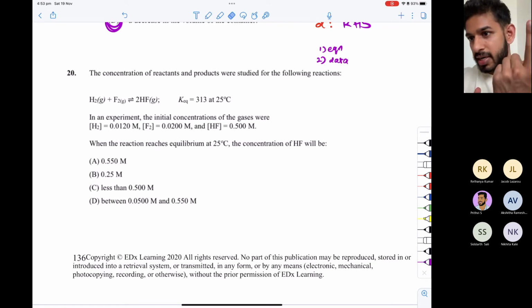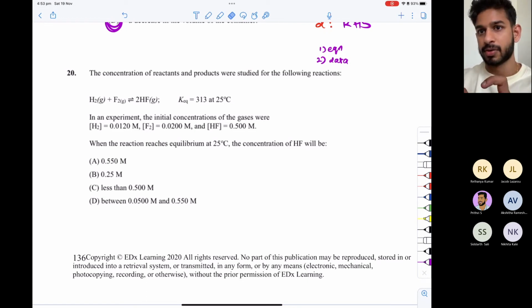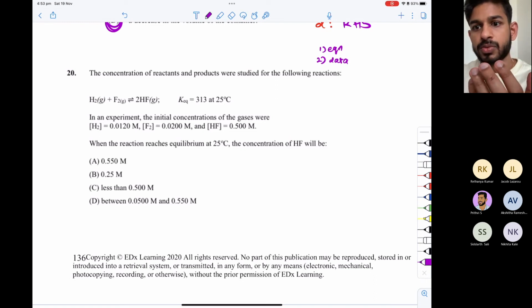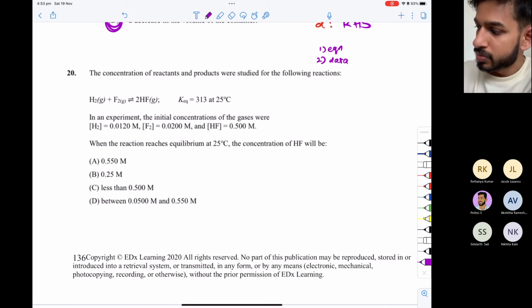In this question, it's written in English. We need to write it in the language of chemical maths. Okay, so let's get Jacob. Jacob, I want you to use letters to tell me, what do we have for hydrogen, fluorine, hydrogen fluoride? So what are the C's, the V's, the N's that have been given to you?